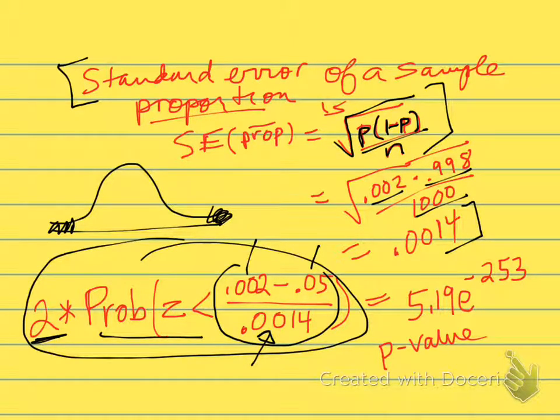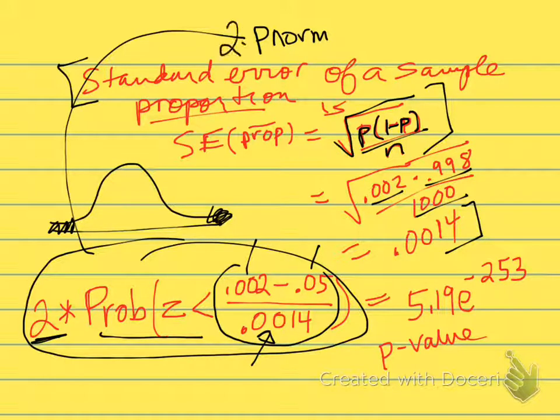So 2 times this probability, we can look up this probability in R, just by typing pnorm.